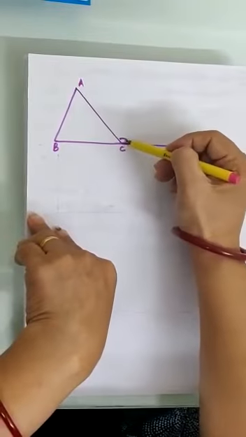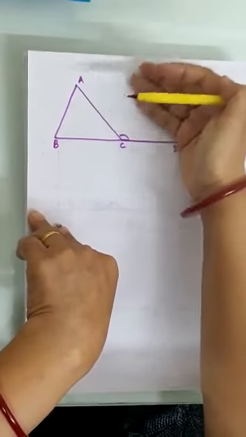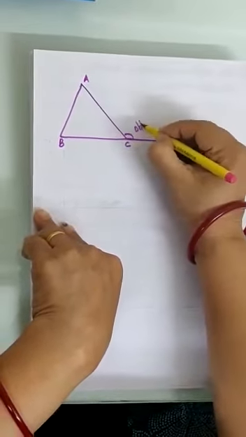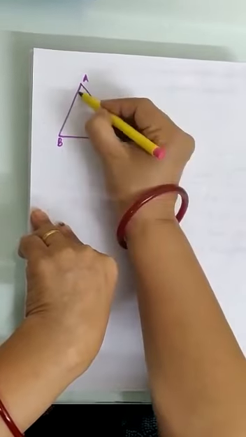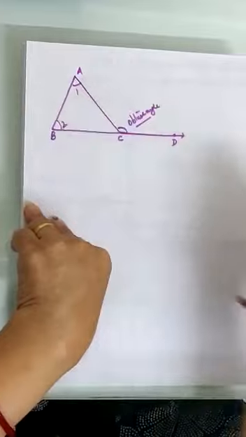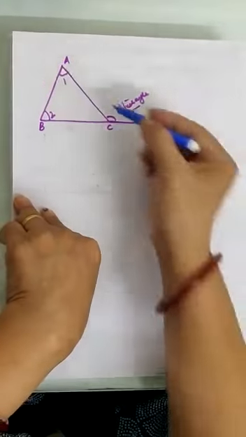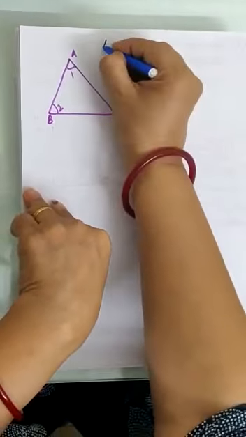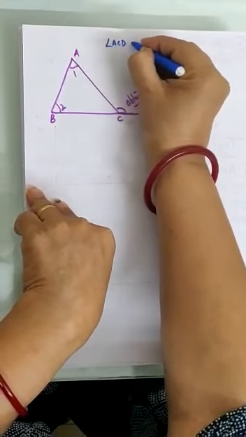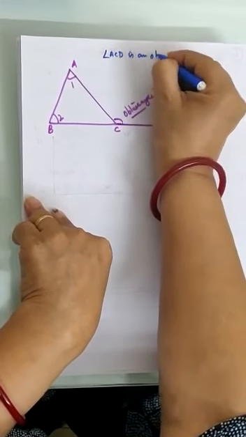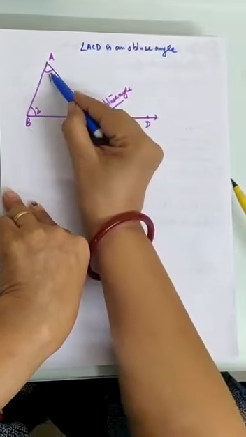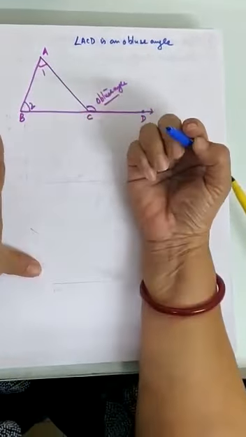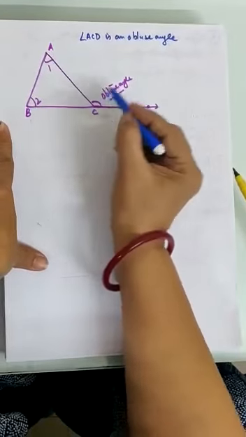Now what kind of triangle is this? This is the exterior angle, which is an obtuse angle. Okay. Let us name this angle 1 and angle 2. Here we write angle ACD is an obtuse angle. Now what can you say about angle 1 and angle 2? They are both acute angles.